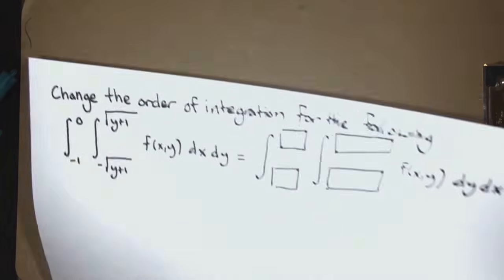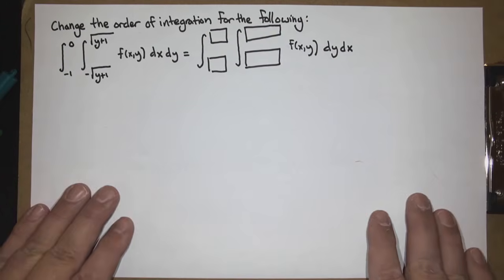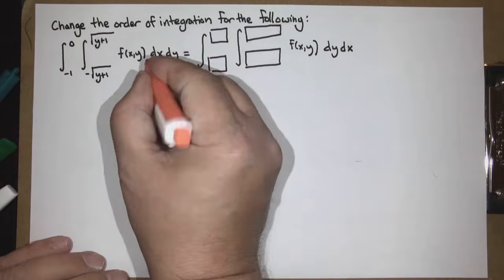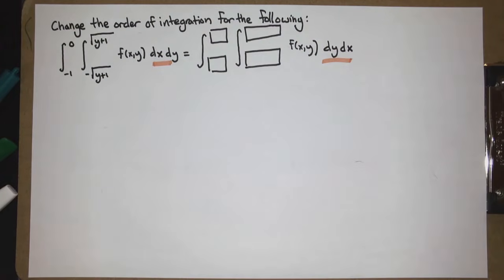Let's try a problem. Change the order of integration for the following. So notice we're integrating dx dy. And then we're switching to dy dx. So that's why we say we're changing the order of integration. And let's be clear what you don't do.